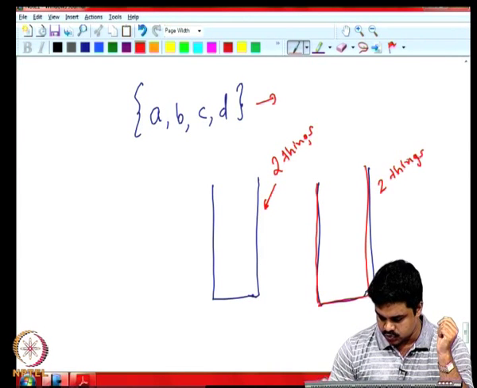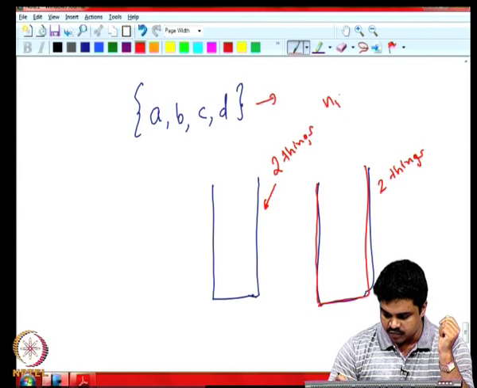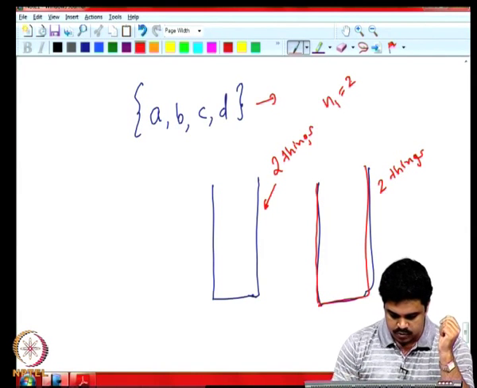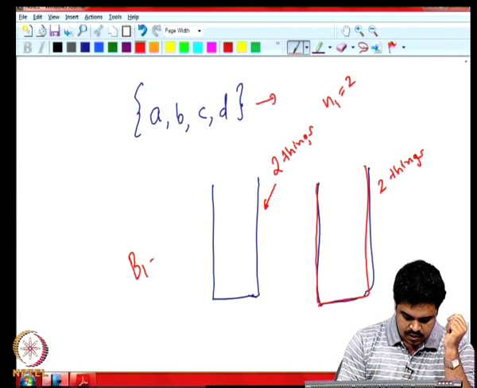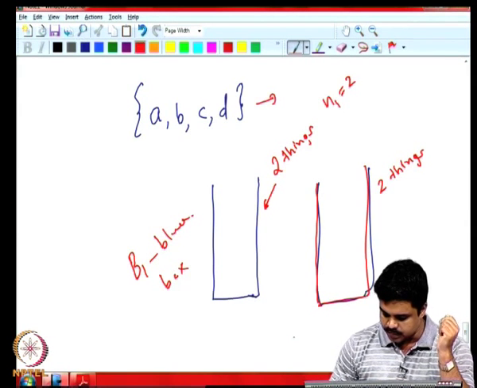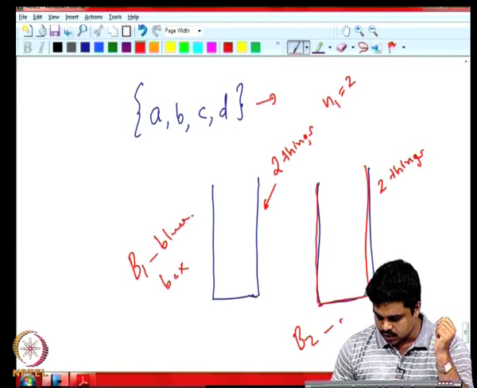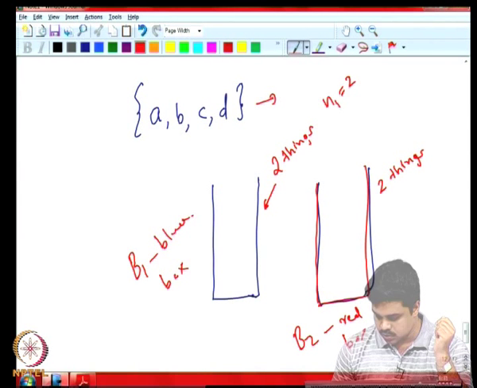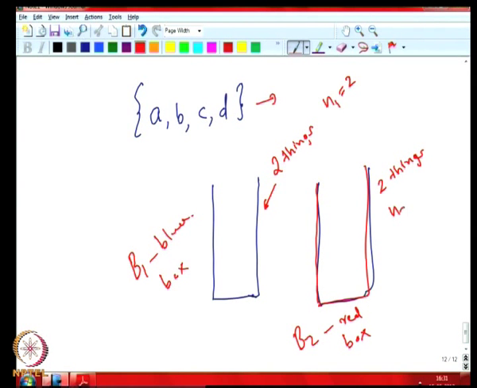So, here our problem says n1 is equal to 2. Our B1 is the blue box and our B2 is the red box, and n2 is also equal to 2. It is a case of n1 equal to n2 equal to 2.